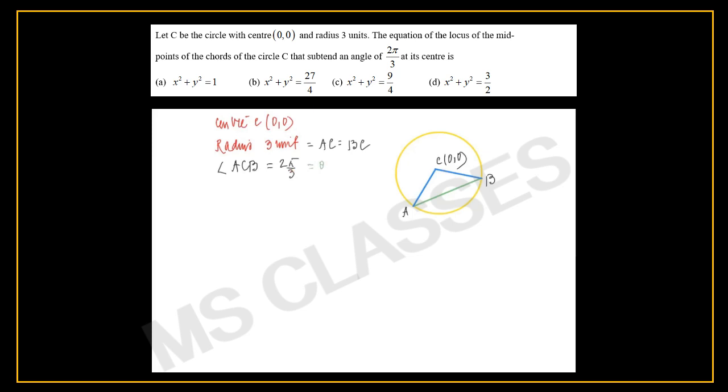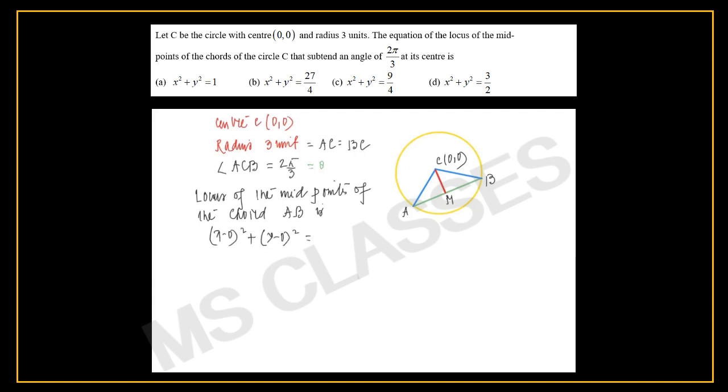Now locus of the midpoint. Midpoint means here midpoint of the chord. So here we have this point as M. So locus of the midpoints of the chord AB is x minus 0 whole square plus y minus 0 whole square equal to r square.